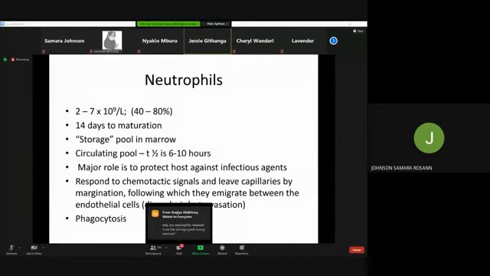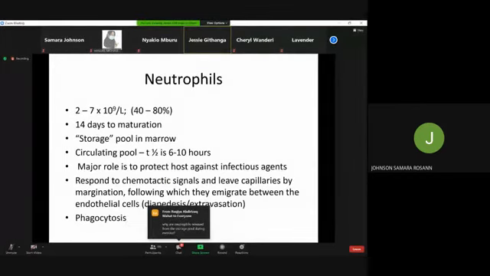So the endothelial cells, or the lining of the capillaries, there are small gaps, and in response to chemotactic stimuli, they're able to move in between these cells, squeezed out in between these cells.